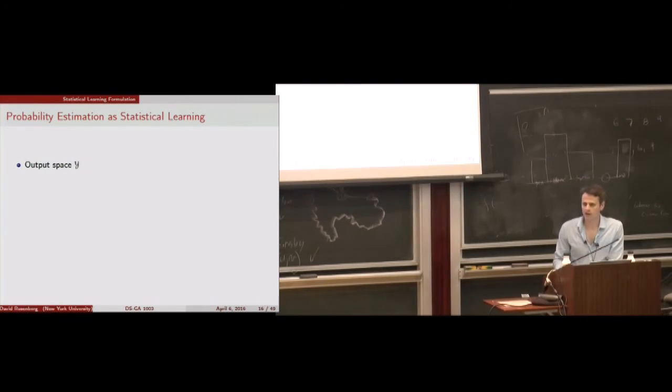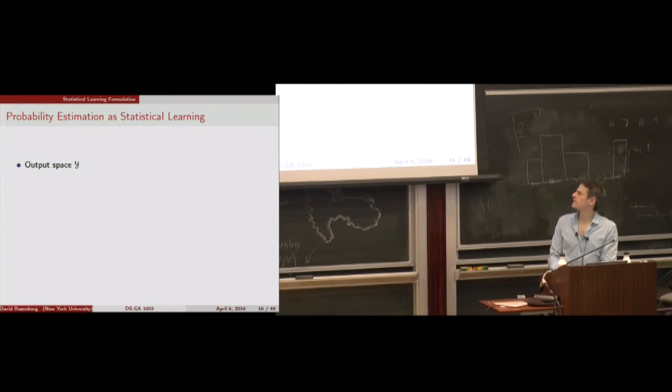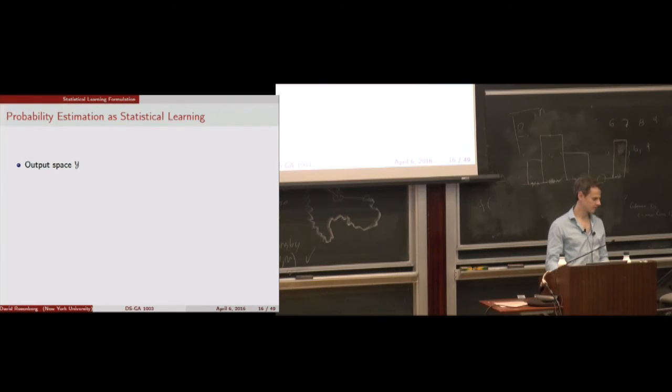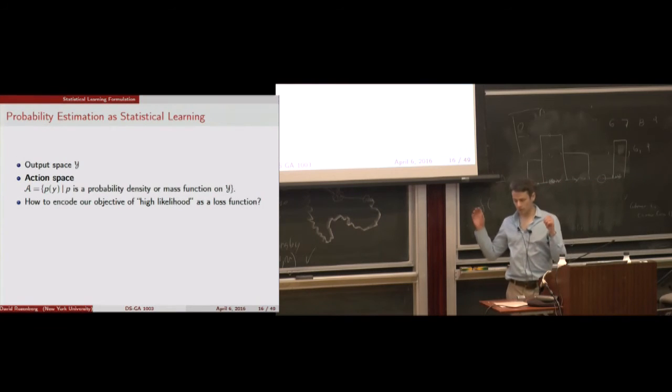All right, so what I now want to do is frame this probability modeling thing in our usual statistical framework of, well, not input space, but output space and hypothesis spaces and action spaces. So output space Y, action space, what we're trying to produce here is probability density functions on Y. Now we want to come up with a loss function.